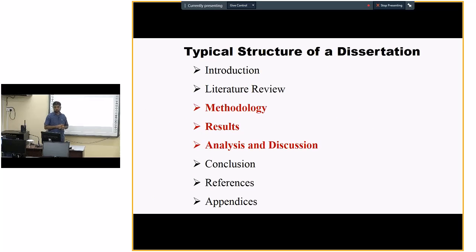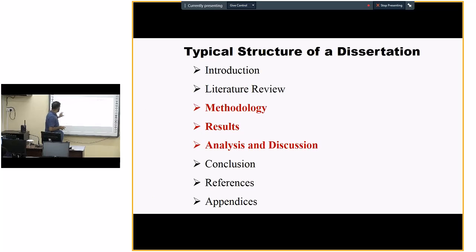Here, normally, is the structure of your thesis or dissertation, right? Again, I need to say there is no hard and fast rule, but we have some general idea, right? Introduction should be there, the introduction or background of your study. Then the literature review and theoretical background should be there in your dissertation. Then the methodology part. Then results or the analysis.